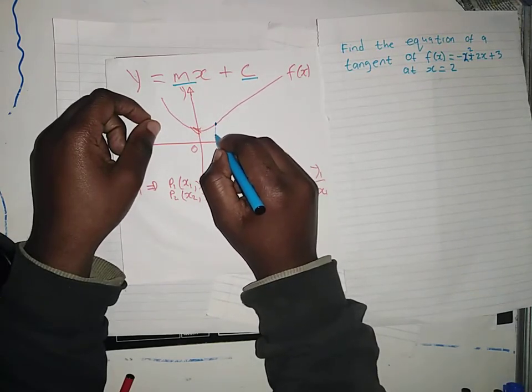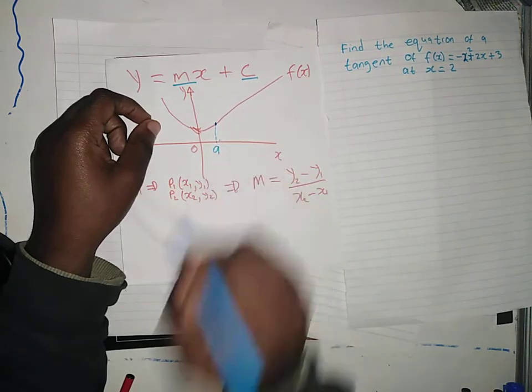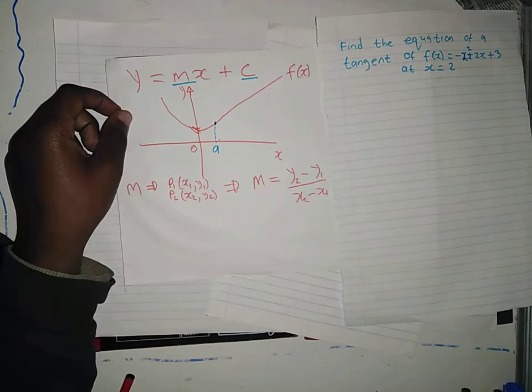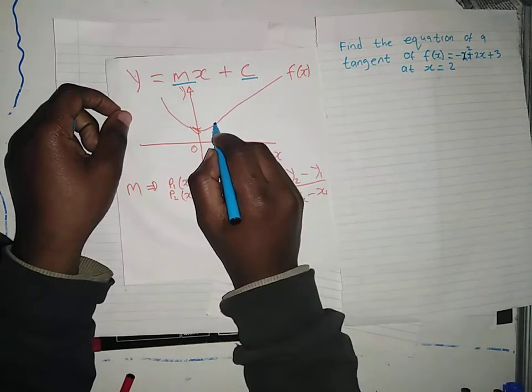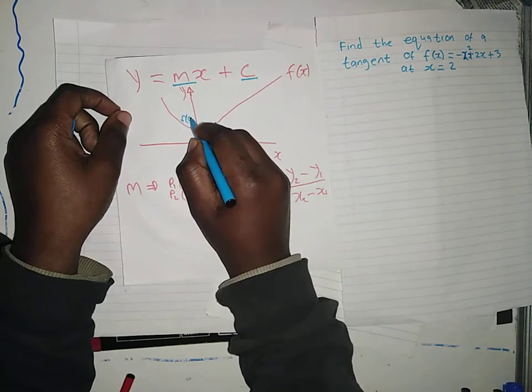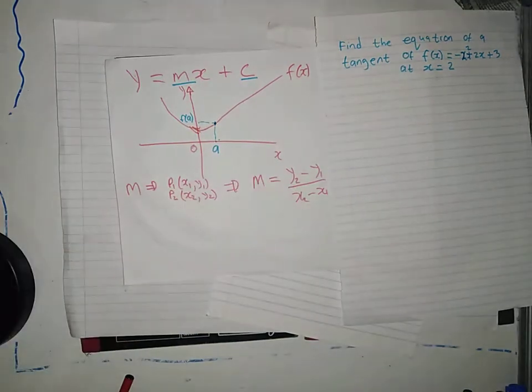The x value of this point is A. Now if this is A, therefore the y value of it is f at A. Can you see that? All right. So we've got a first point, the point that we're going to use.